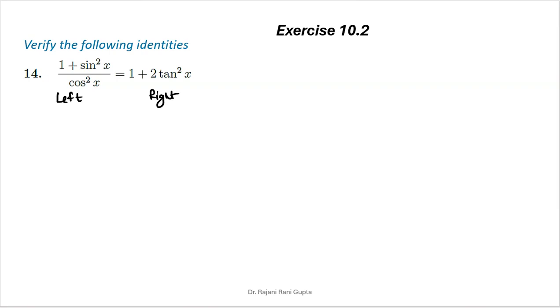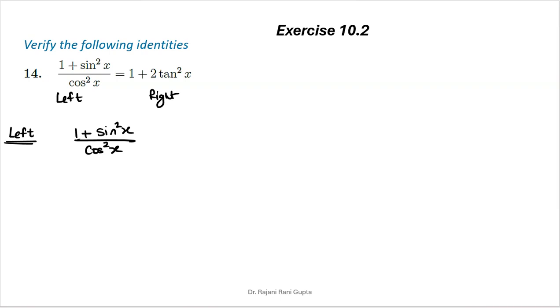So if you look here, suppose you start with the left side, which is 1 plus sine square x over cos square x. Now you have to prove that this is equal to 1 plus 2 tan square x.